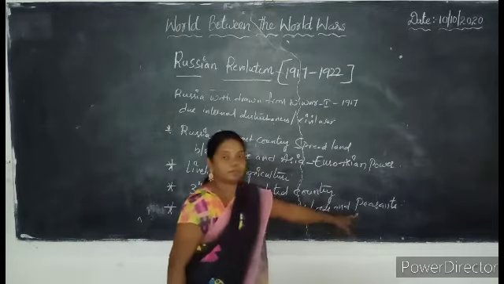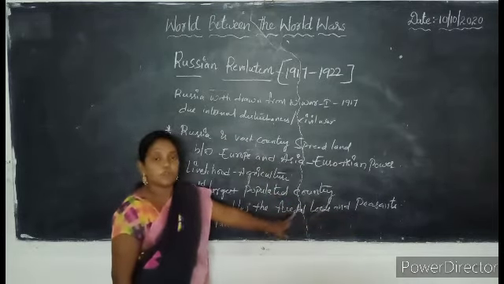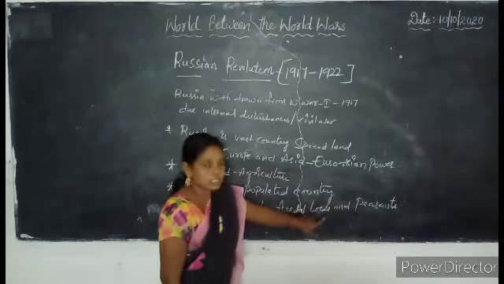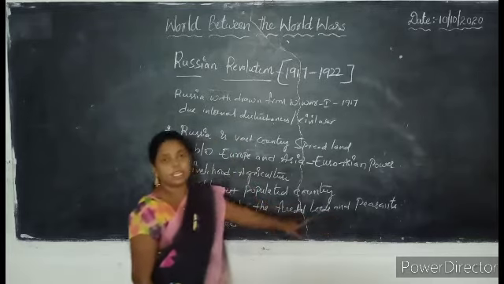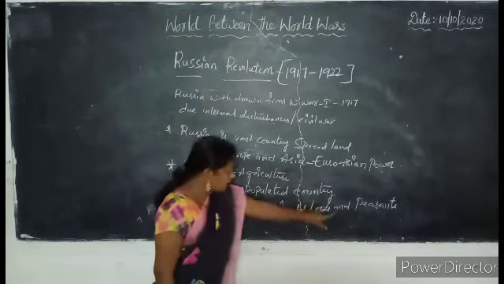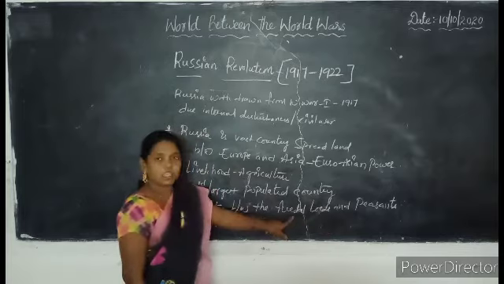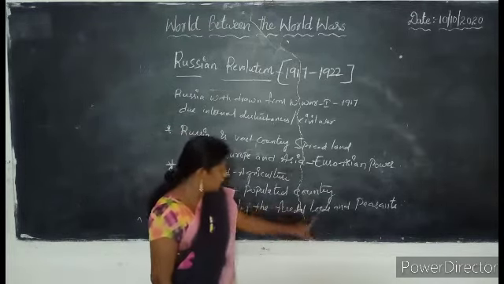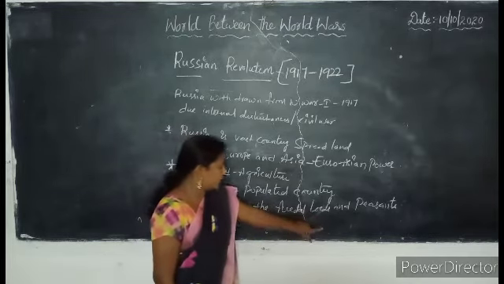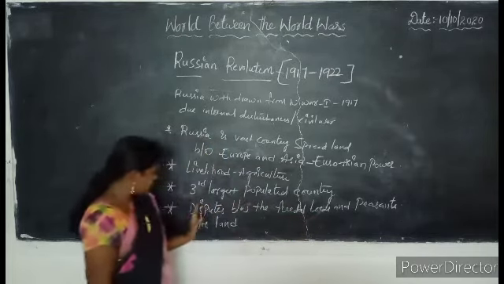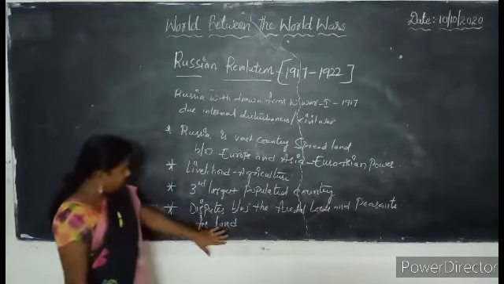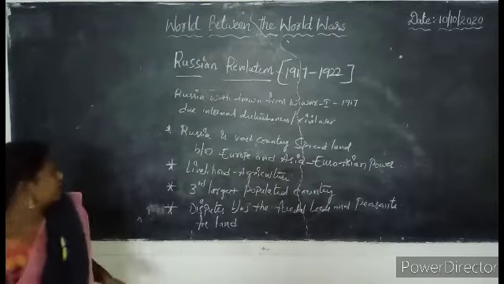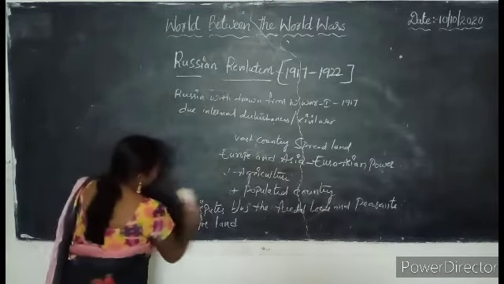Peasants pay rent to the feudal lords for the land they till. Generally, the peasants take the land from the feudal lords and do the agriculture, and they pay rent to the feudal lords for the land they till. So there were disturbances between the feudal lords and the peasants for the land in Russia. Let us see more points about Russia.